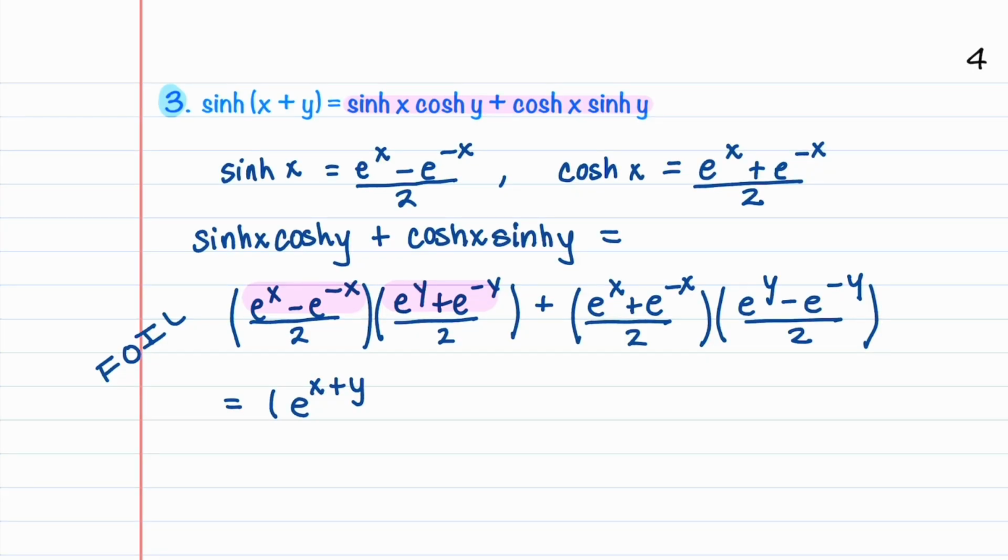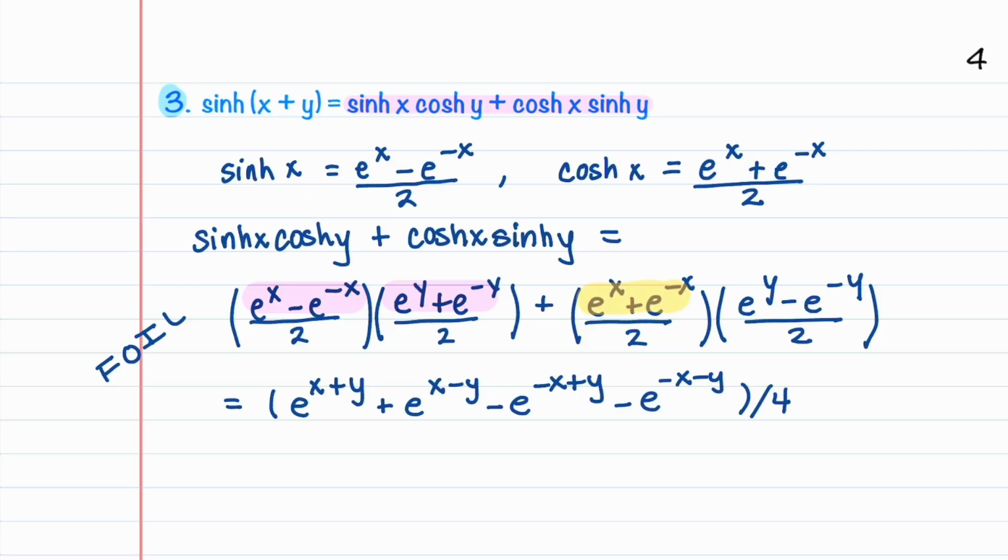Then we're going to multiply the outer terms, and this gives us a plus e to the x minus y. Now we're going to multiply the inner terms, so this is minus e to the minus x plus y. And then lastly, we're going to multiply the last terms, which is minus e to the minus x minus y. And then all of that gets divided by 4.